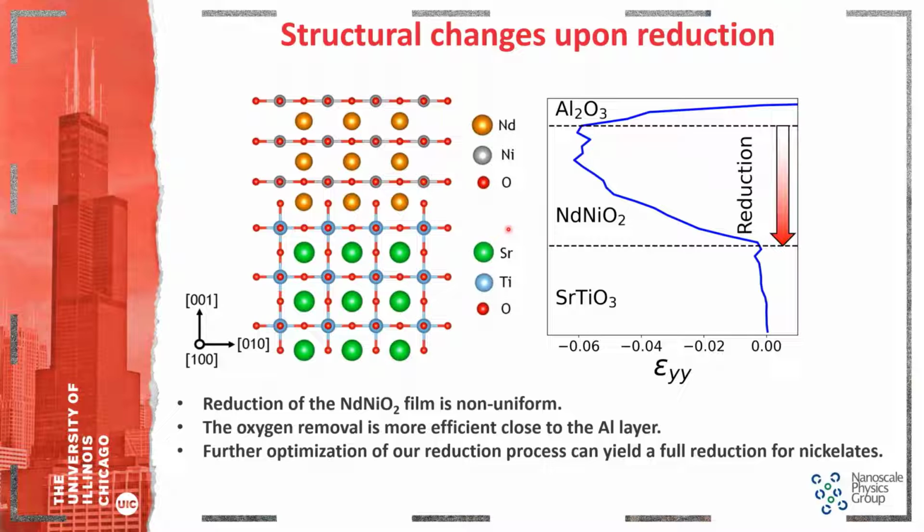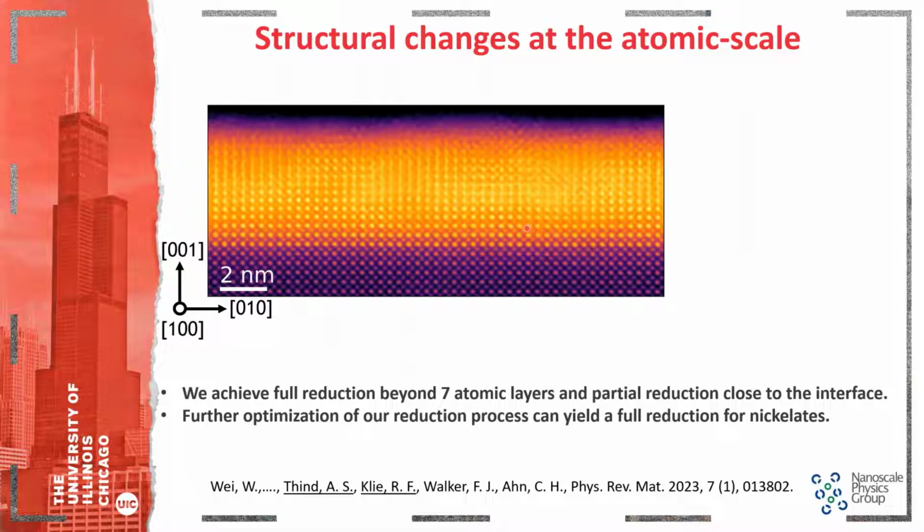Obviously, some further synthesis optimization is required to yield the reduced film along the entire thickness. We can also do this kind of analysis using real space atomic resolution imaging.